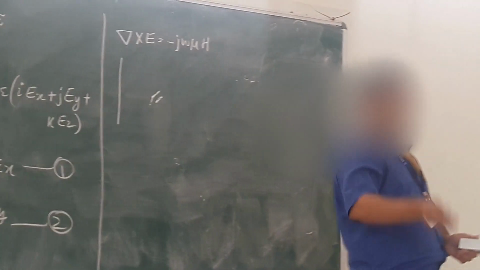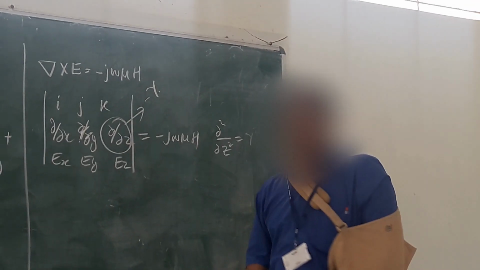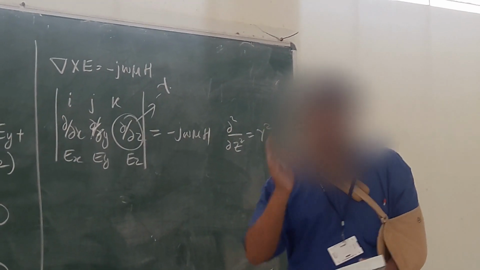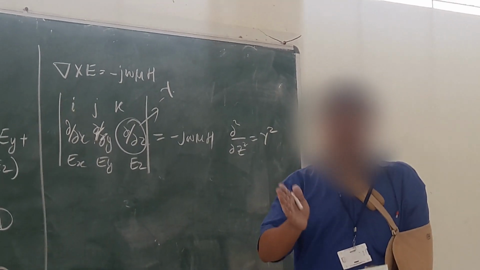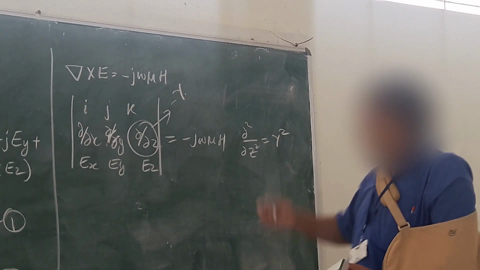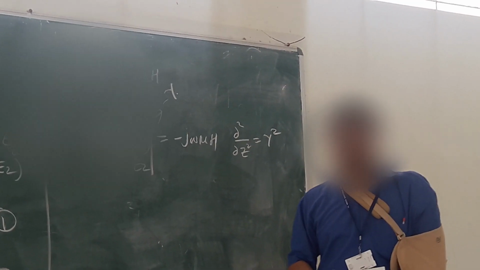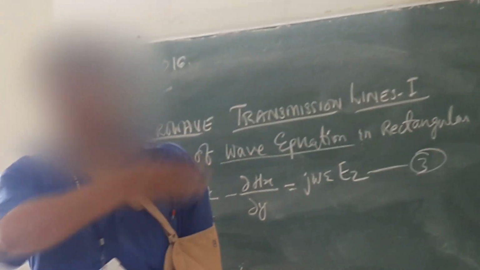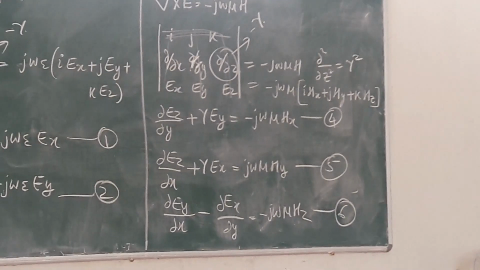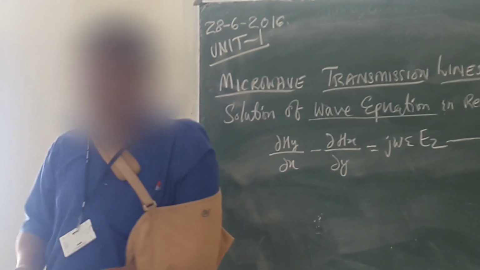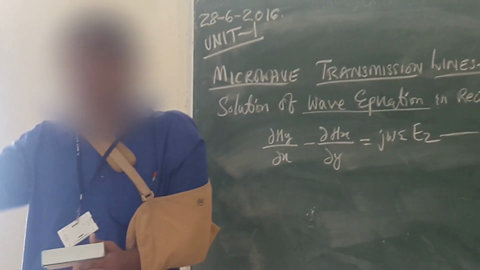Can you derive it on your own? As the direction of propagation is the z-axis, we have taken dou by dou z as the propagation constant. Equations 4, 5 and 6. Now shall I tell you how to proceed so that you can do it on your own?